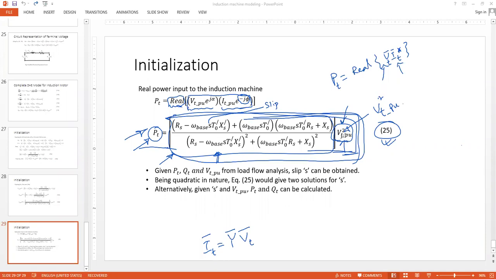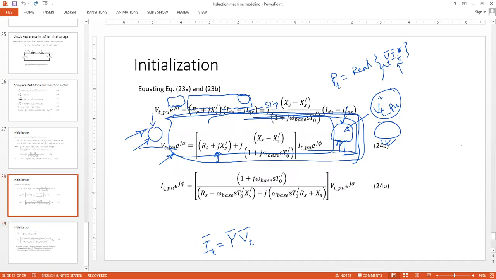So accordingly, you have a second order equation in VT square. So you have one equation for PT and VT square. You have another equation that we derived in slide 28, that is between the IT phasor and the VT phasor.